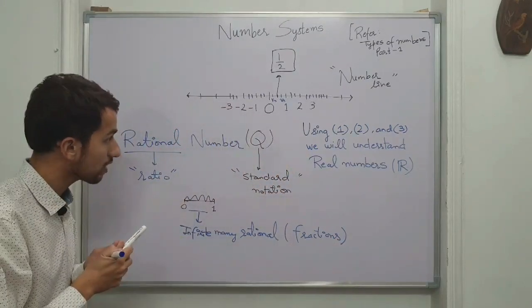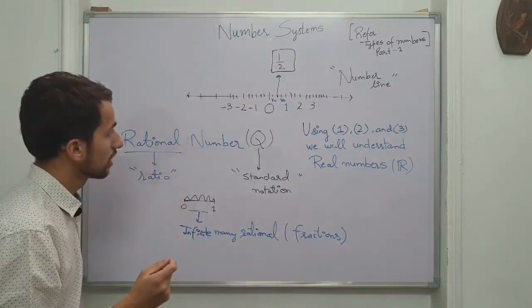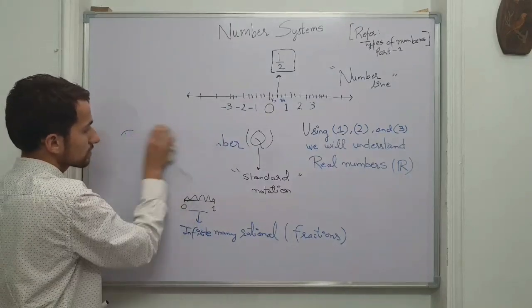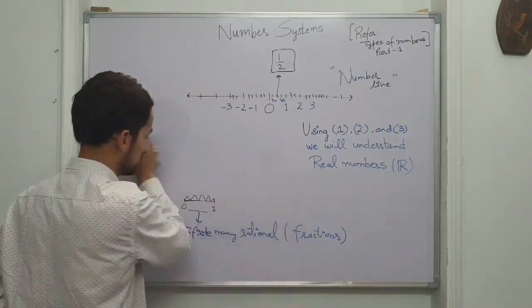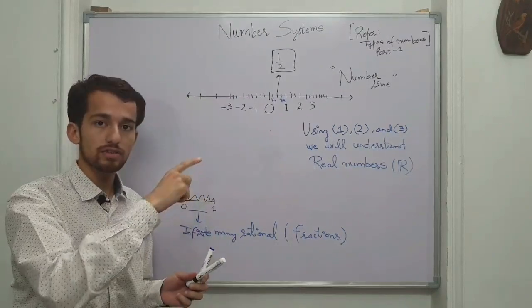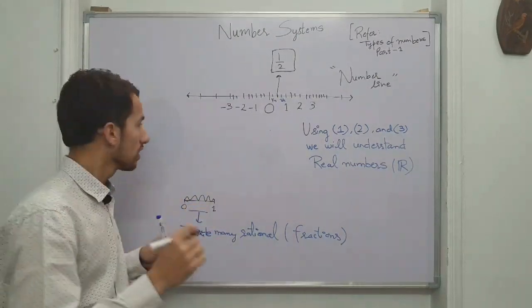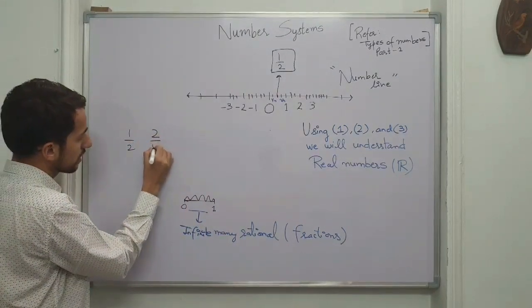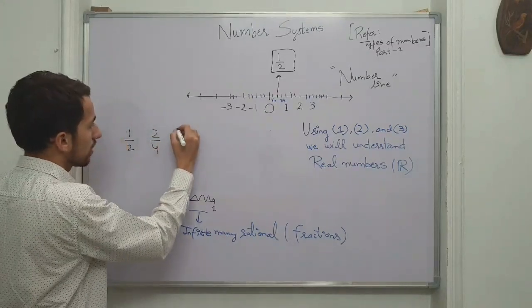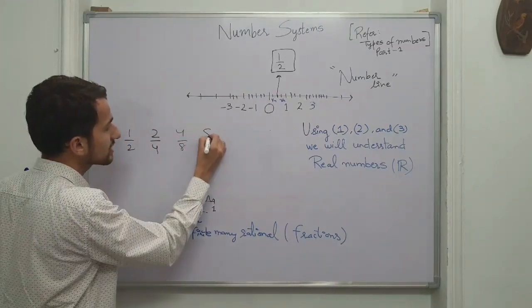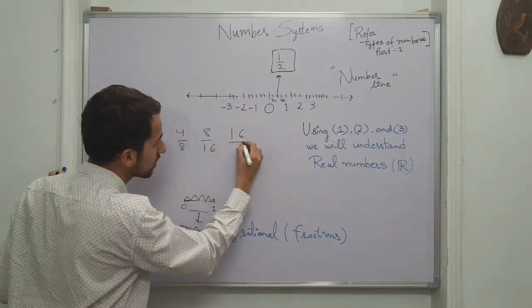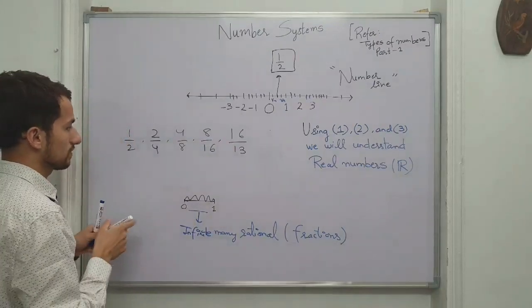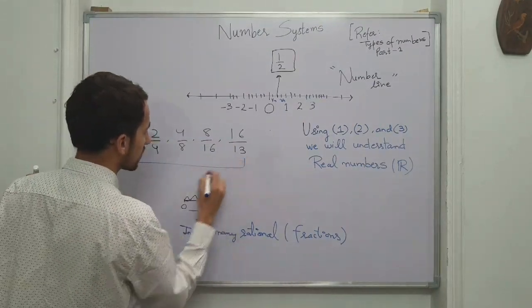Fine. One more thing you should observe. Let me rub this one now. The equivalent fractions from before, the example was 1 by 2, 2 by 4. Likewise, you observe 4 by 8, 8 by 16, 16 by 32. These all are equivalent.